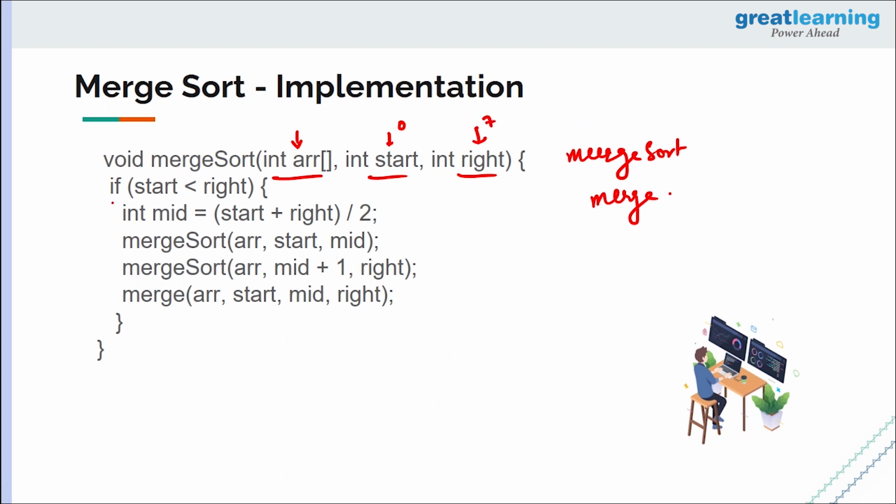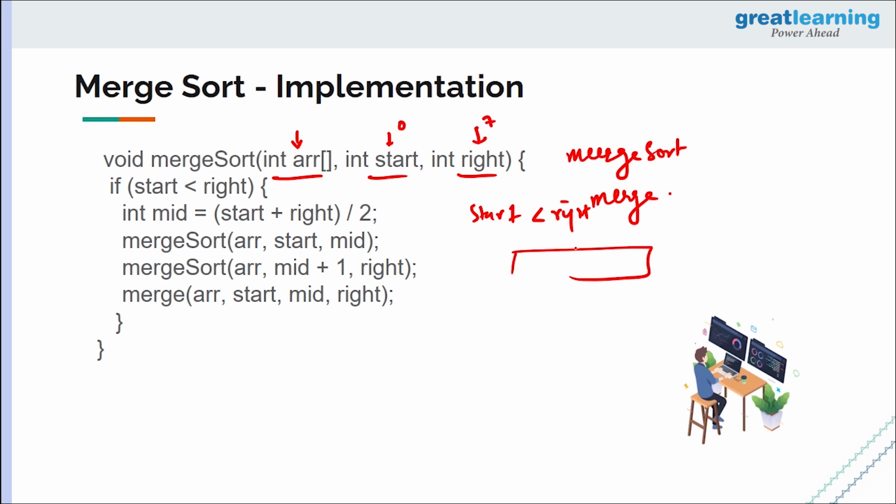Now we will only run this merge sort function when our start is less than what? Right, the end. That is, start is less than right, because only then will we be dividing it into further segments.